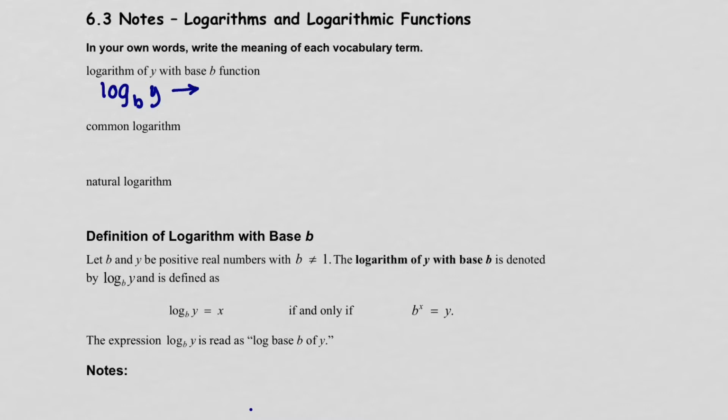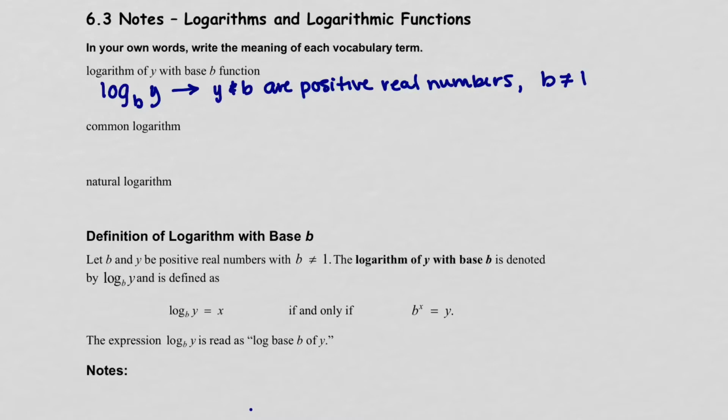A couple things about this function is that y and b are positive real numbers. And b cannot be equal to 1.